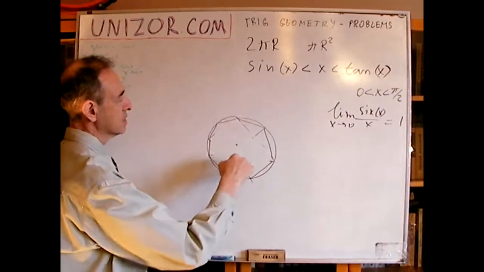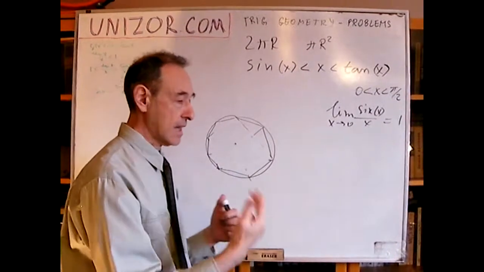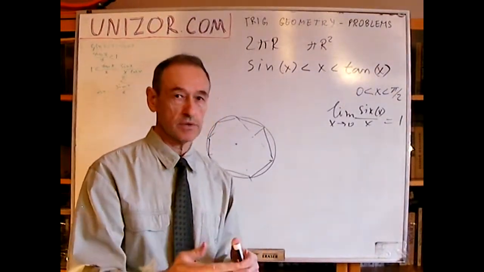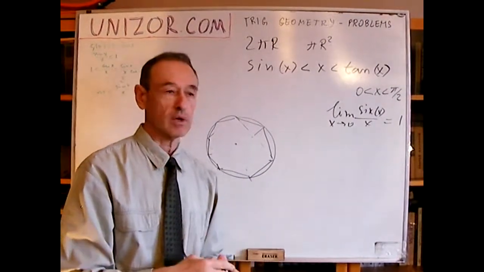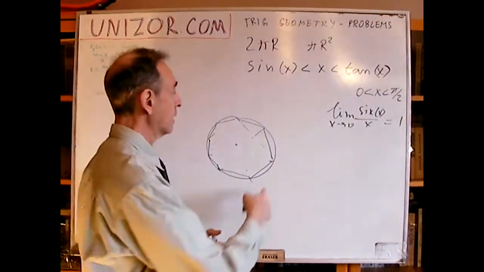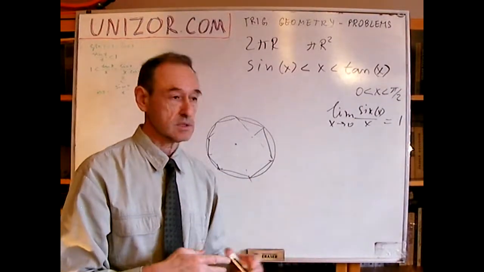This would cause every side to be smaller and smaller. Now, as this process continues infinitely, so the sides of the polygons are getting smaller and smaller down to zero, then we can say that the limit of this process is the circumference.